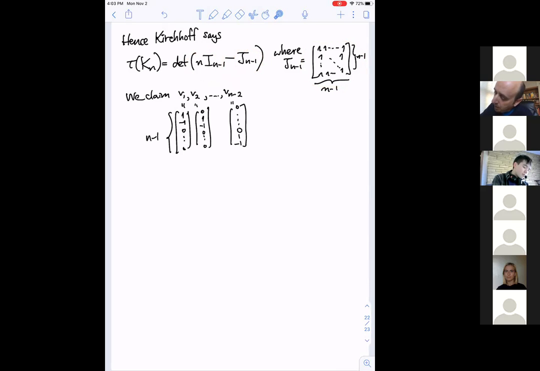These things are all eigenvectors. There's n minus 2 of them, linearly independent eigenvectors for this matrix with eigenvalue n.